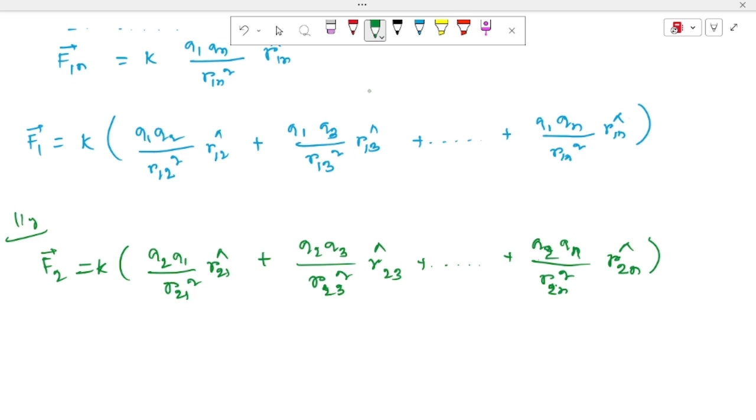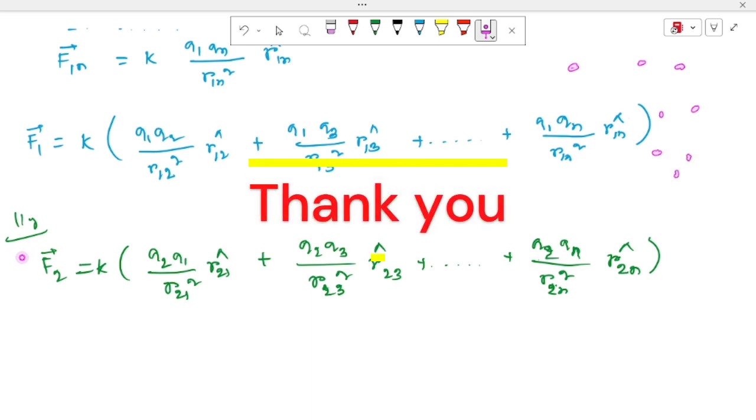So this is the expression of force acting on the charge Q2, and this is the expression of force acting on charge Q1. This way we can write the force between multiple charges Q1, Q2, Q3, Q4, up to Qnth number of charges, right?